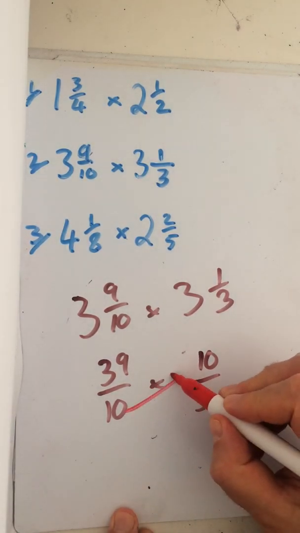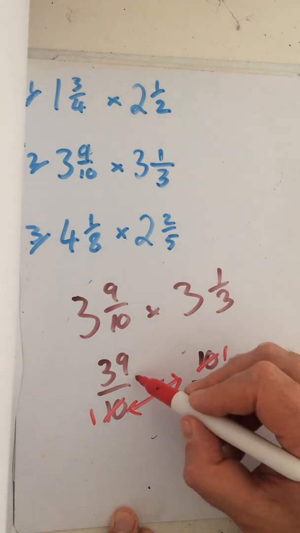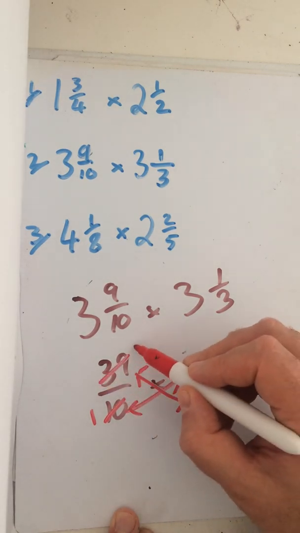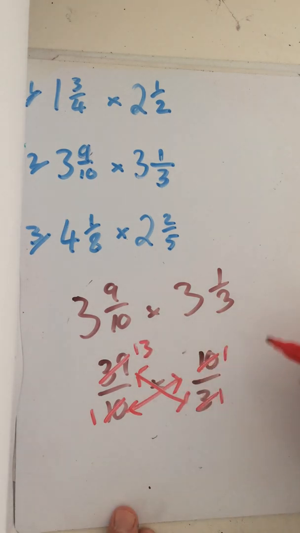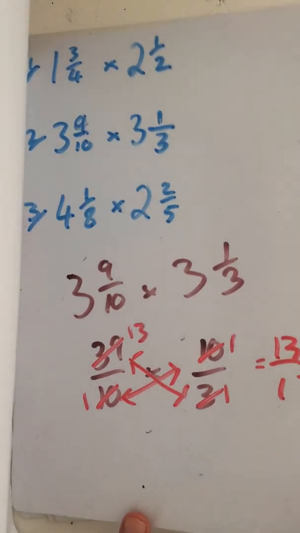So across here, yeah, it goes into each other once. 3 and 39 go into each other into once, and that would be 13. 13 times 1, 13 over 1, which is, how many ones in 13? The answer is 13.